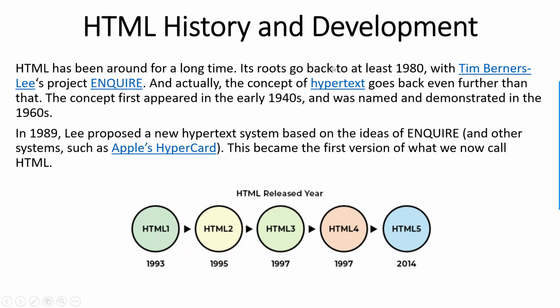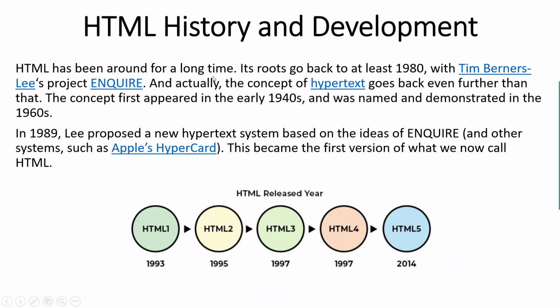So this is just some HTML history and development. HTML has been around for a long time and its roots go back to at least 1980 with Tim Berners-Lee's project Enquire, started in 1980.